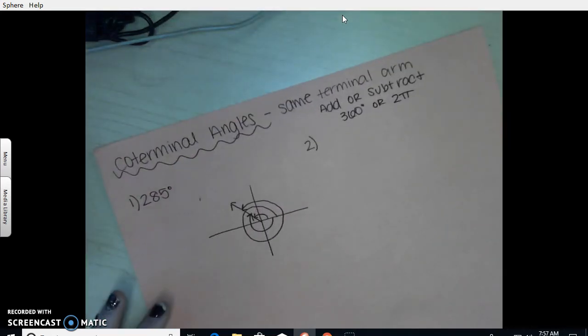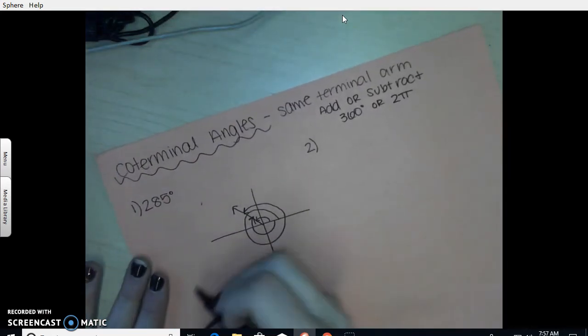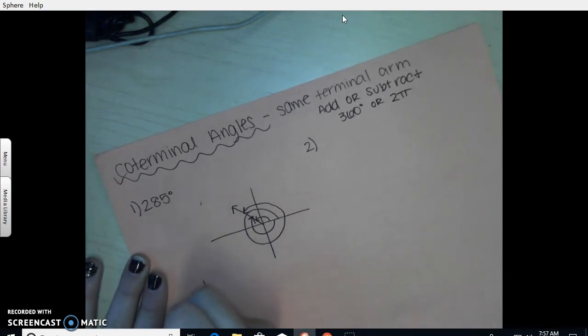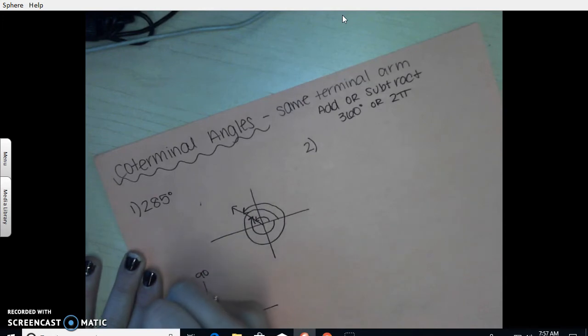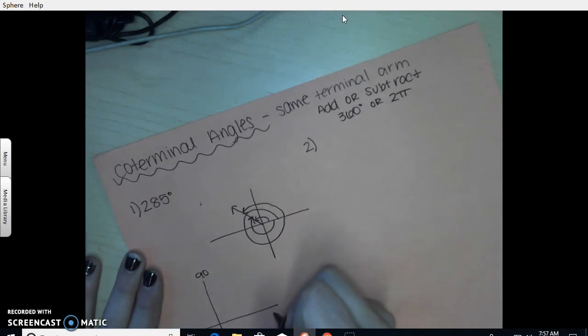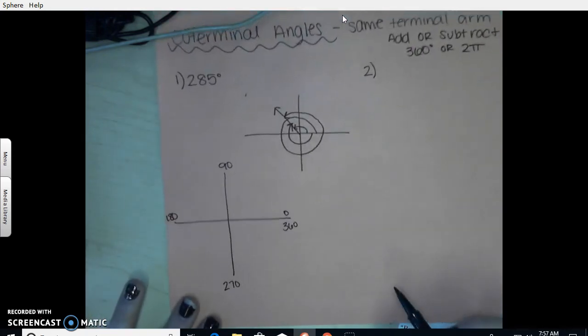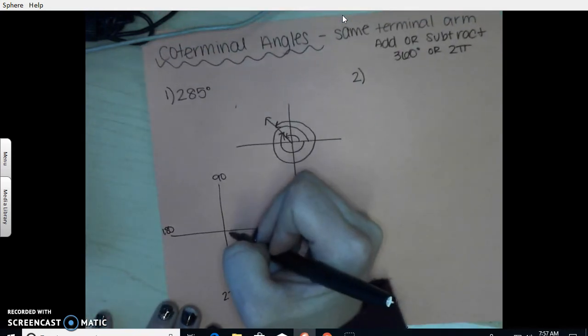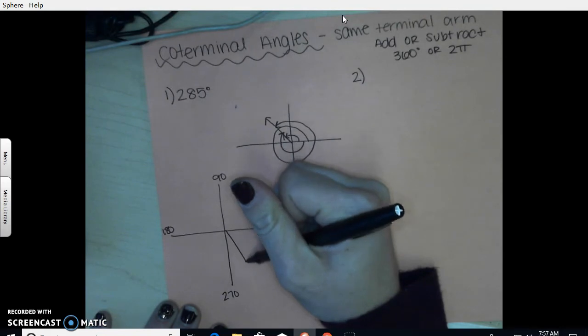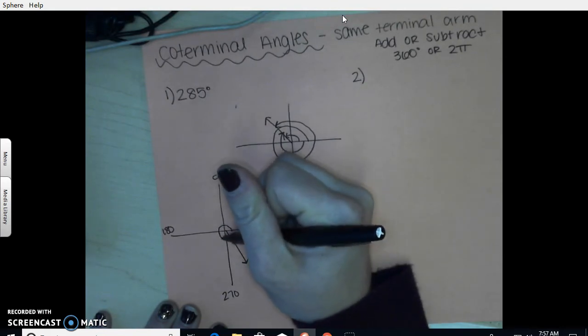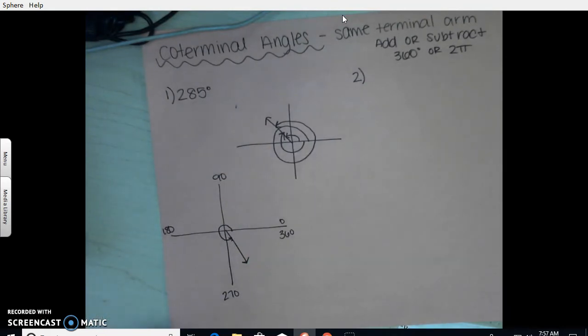So 285. First we're going to graph that. So 90, 180, 270, 360, 0. 285 is going to go around here, and it was positive, so I went that way.